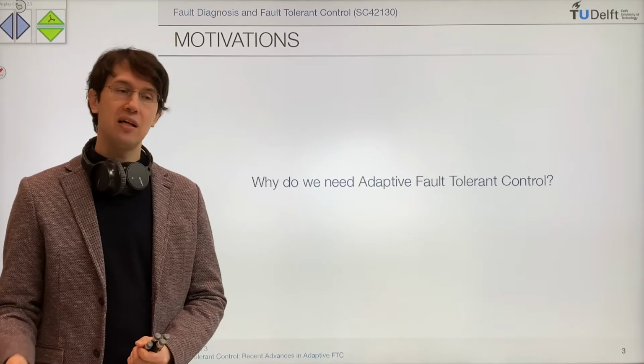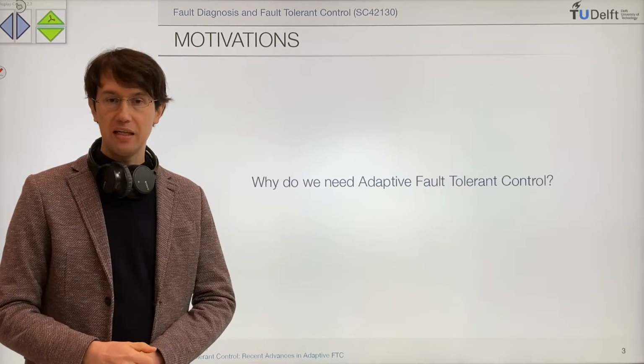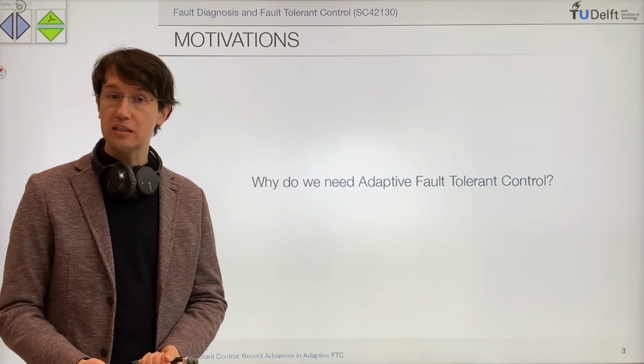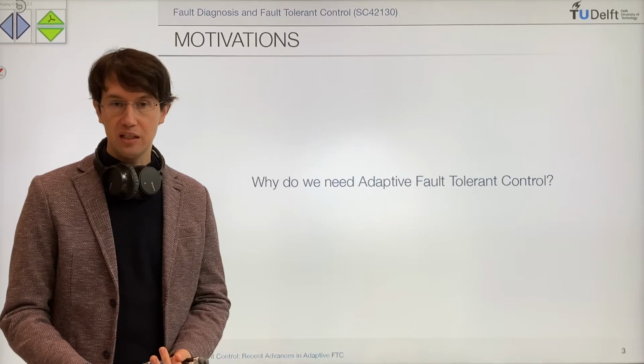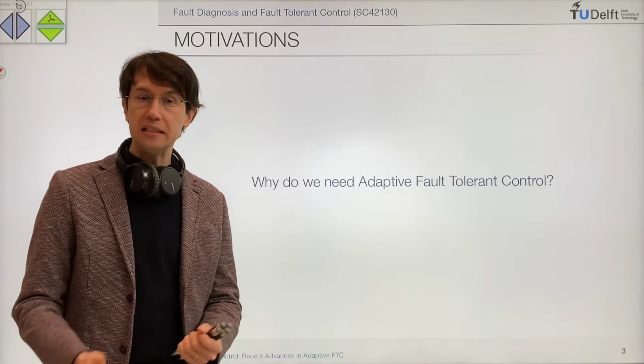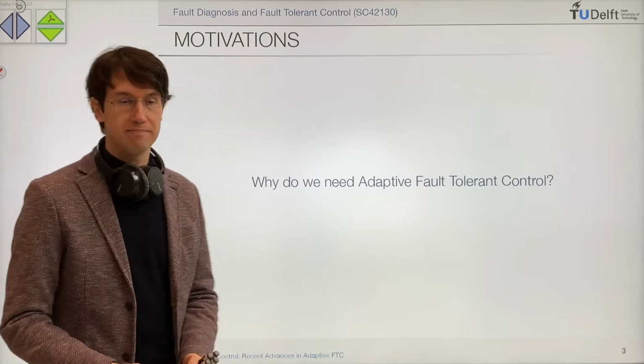And we said that on the other side of the spectrum, we have instead passive approaches, for instance, approaches based on adaptive methods. And so the question is, why do we need these other kind of approaches? So we are trying to provide motivations for that.